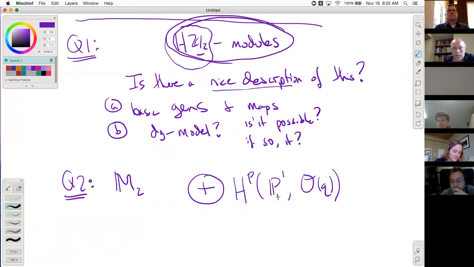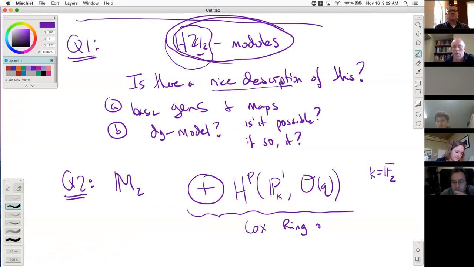It doesn't matter what field I use, but for the best analogy, let's work over F2. So this is a bigraded ring that algebraic geometers call the Cox ring of P1. And it is exactly this ring M2.